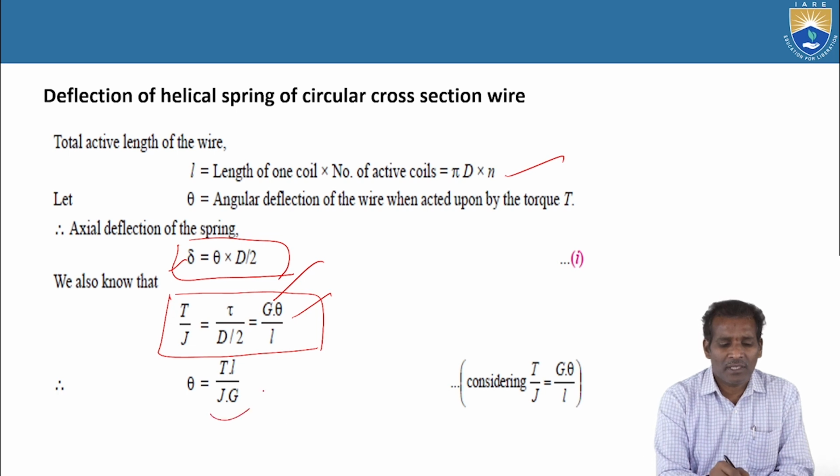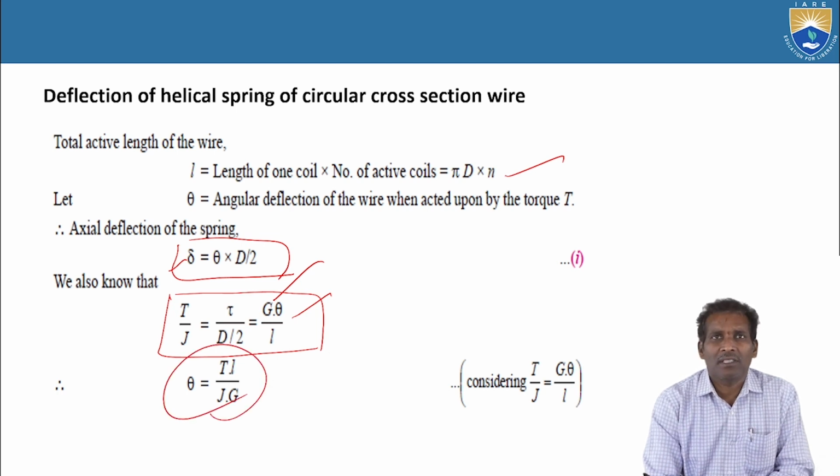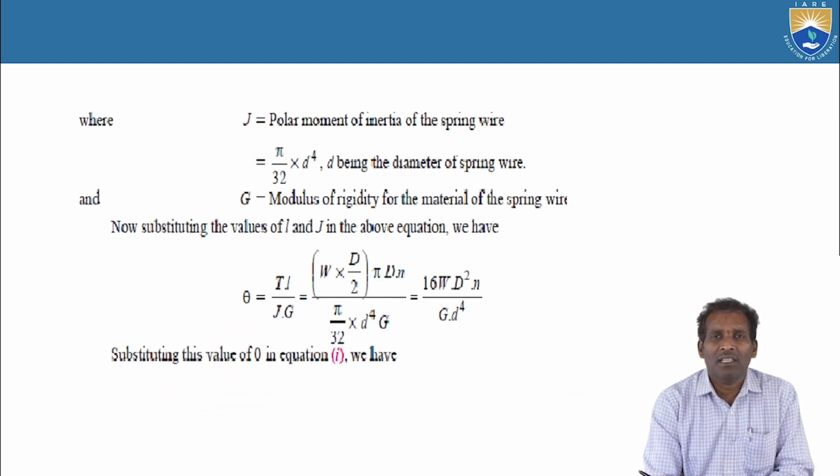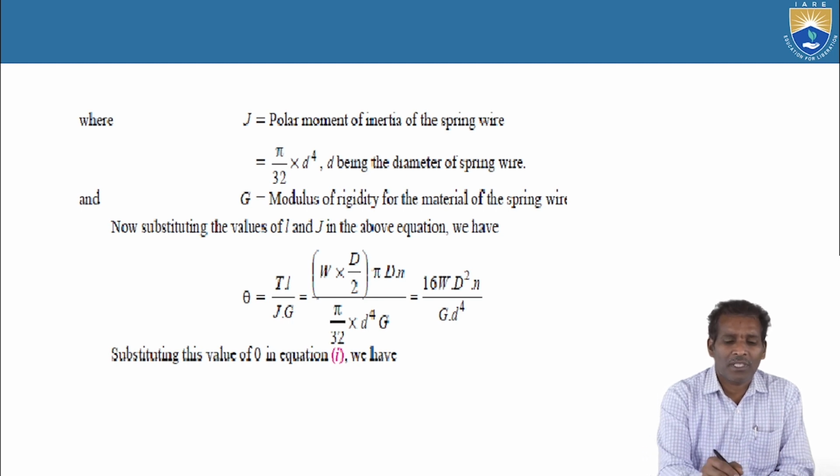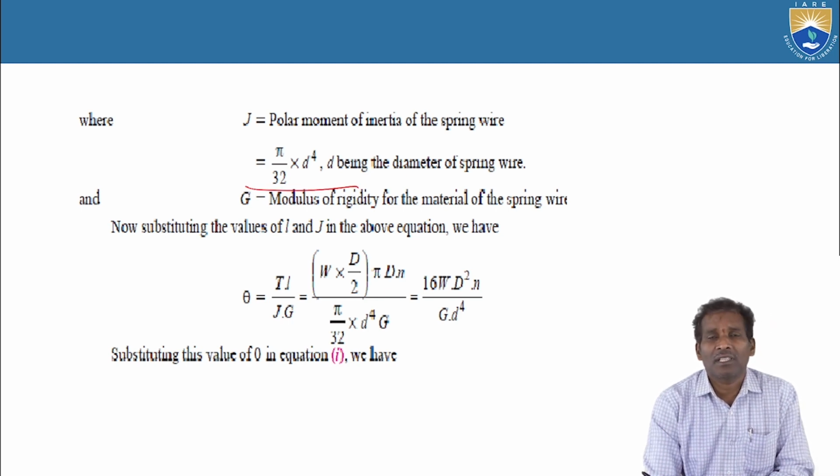So theta is TL by JG. J is the polar moment of inertia of the spring wire, which you can calculate using the relation pi by 32 into d to the power of 4. G is the modulus of rigidity of the material.